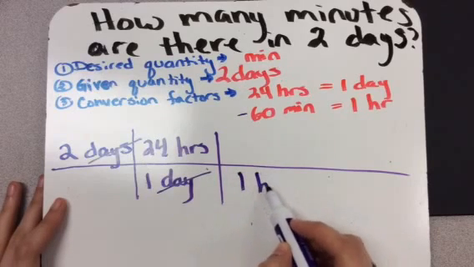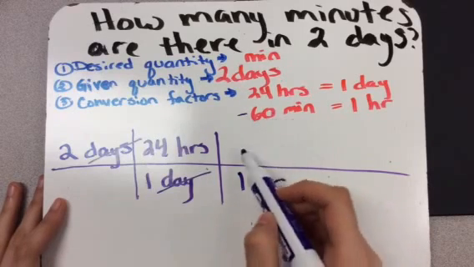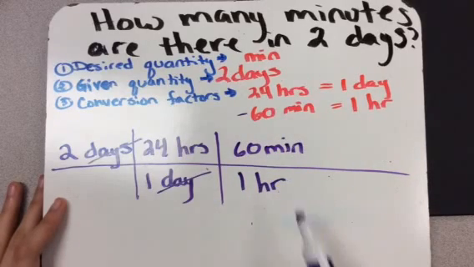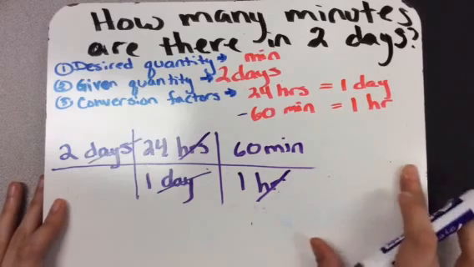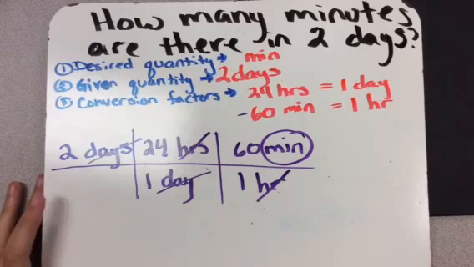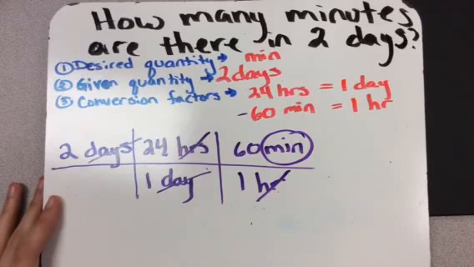So 1 hour has 60 minutes. Now hours has canceled out. Since we are left with our desired quantity, we don't need to do anything else to set up our factor label.